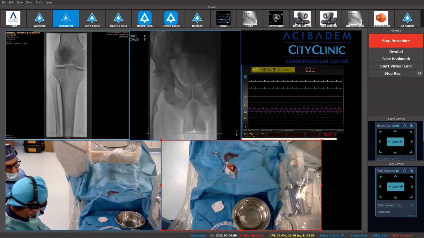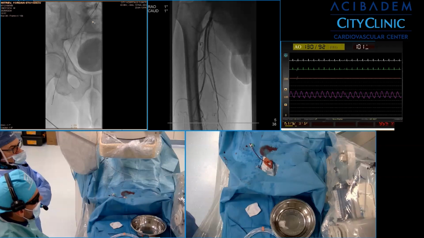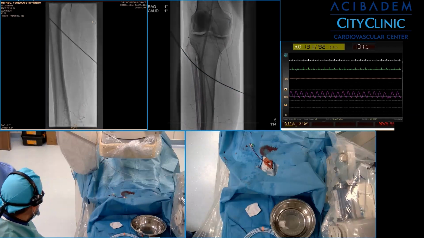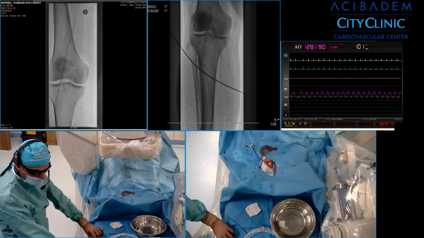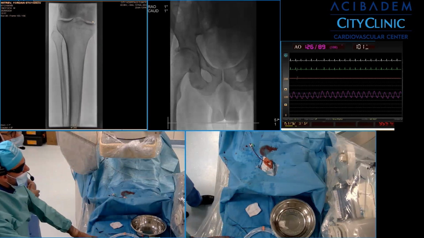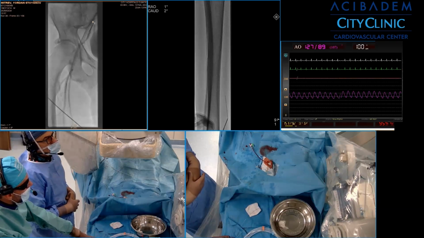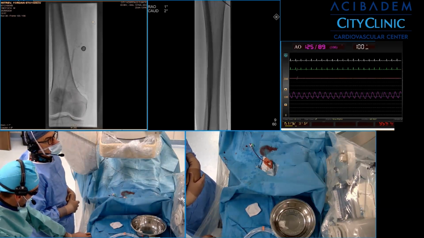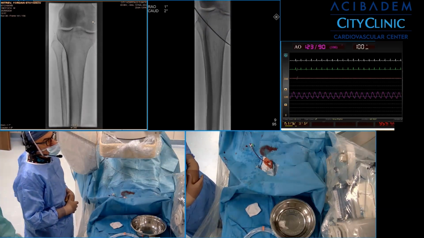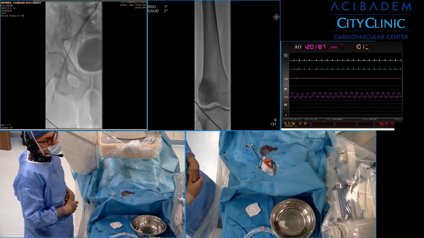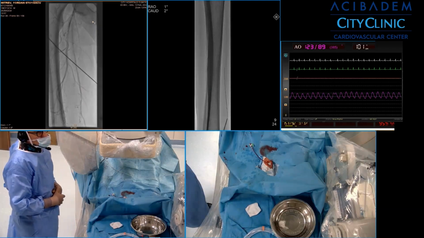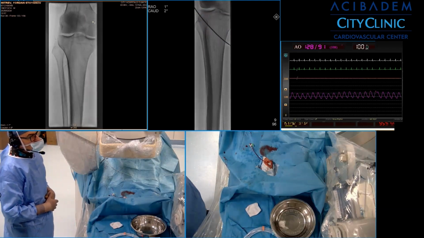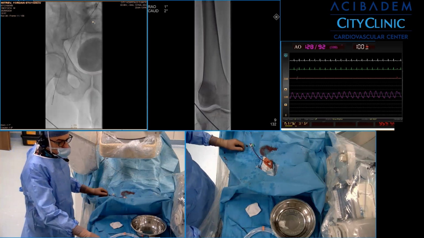You save the lumen, because if you insist on antegrade only, in most cases with a subintimal approach, you can lose some normal vessel lumen. Absolutely, retro is better.